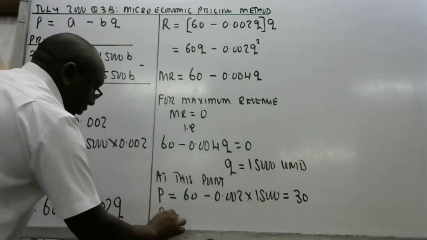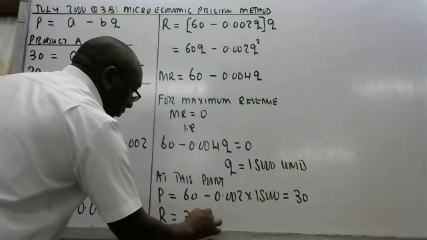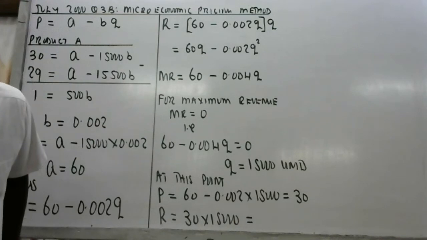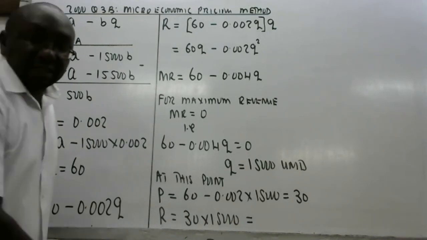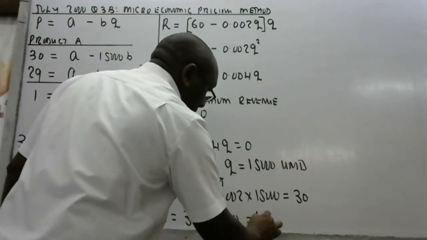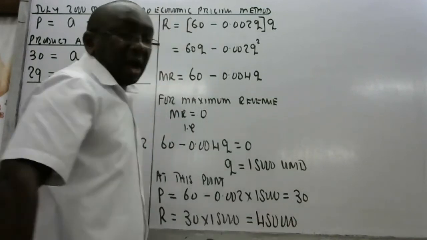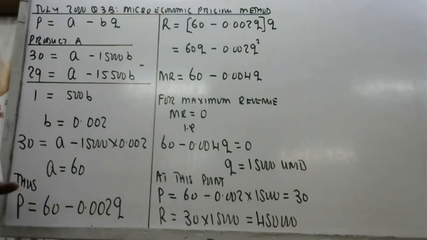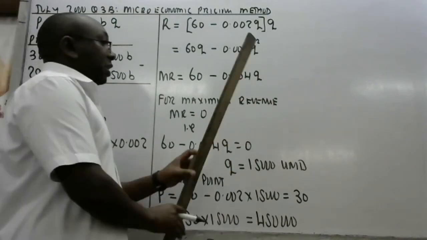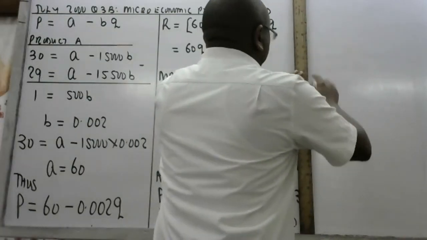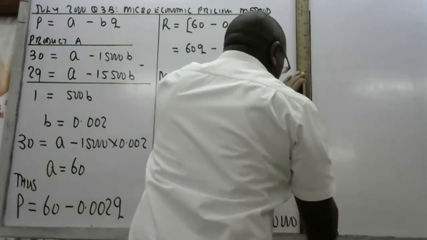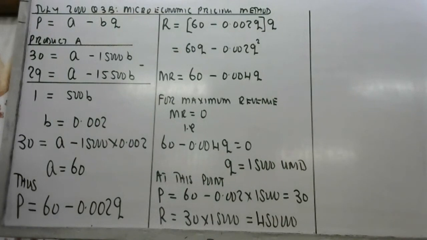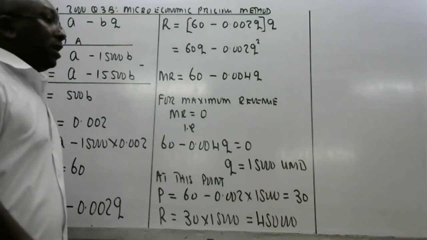And revenue should be 30 times 15,000 units. That is 450,000. And you see this one has gone back to where we began. It is only a coincidence. It's not a math that we shall always go there. So you have been asked to compute maximum revenue. That is what you say.